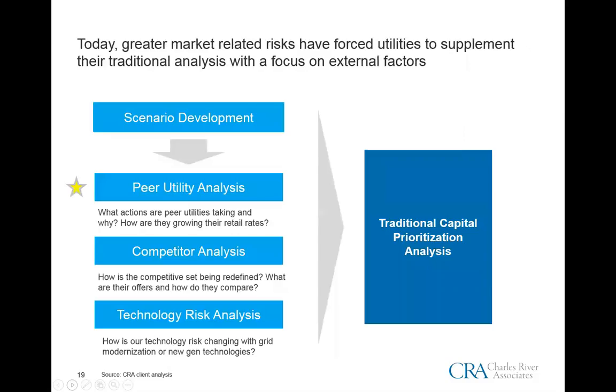So what we're seeing and advising our clients to look at is how the greater market risks that exist should be broadened to a perspective that goes external, rather than focusing solely on those inward-looking metrics and ratings, to look at external factors.